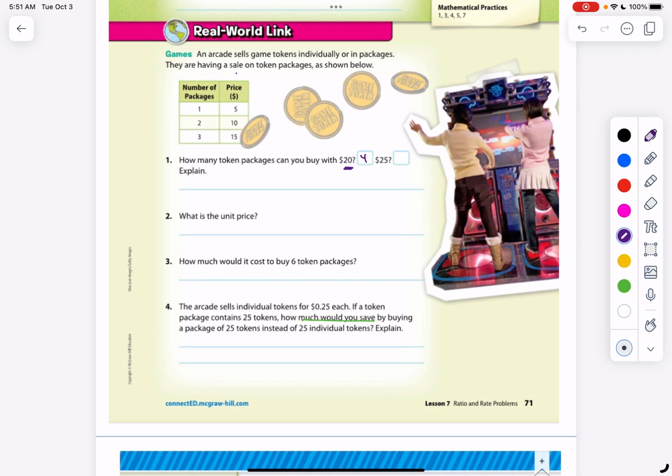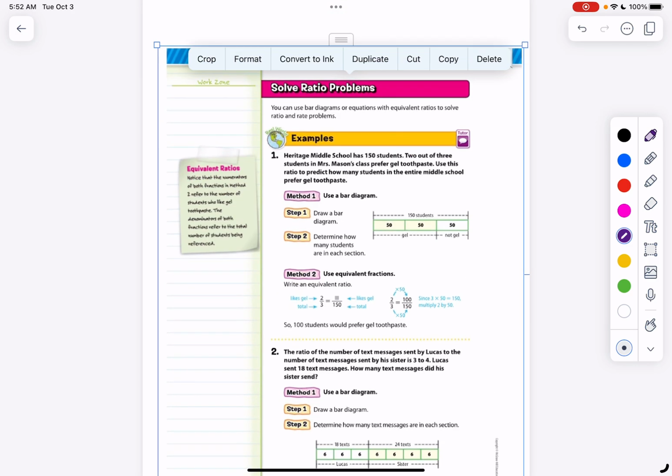Can you see any other way that you might be able to figure that out? Well, we can see that 5 divided by 5 is 1, 10 divided by 5 is 2, 15 divided by 5 is 3. So what's 25 divided by 5? That's 5. 5 times 5 is 25. So how do we explain this?